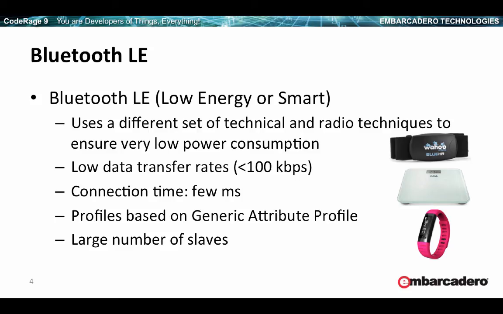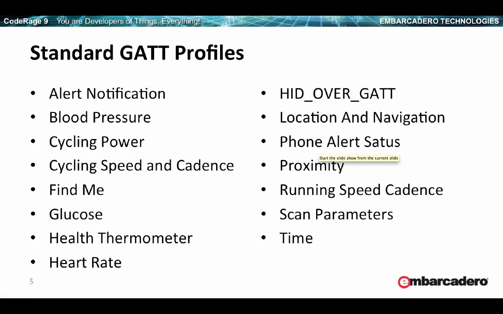The profiles are based on the Generic Attribute Profile. We are going to see later what this is. Another advantage is that BluetoothLE supports a large number of slaves. Here you can see a set of standard approved GATT profiles. Notice the focus on health and medical devices like blood pressure, glucose, and health thermometer.